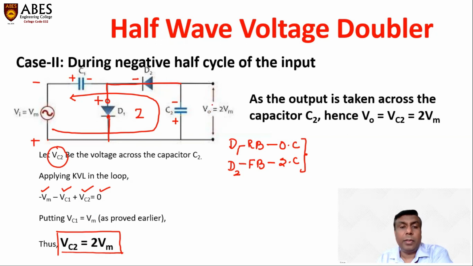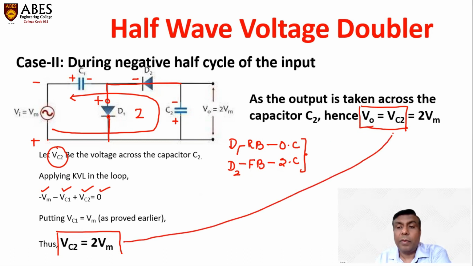Now we will find the output voltage. Here we are going to find V0 across capacitor C2, and we know that in parallel, the voltage remains the same. So V0 will be equal to the voltage across capacitor C2. We have found the value of Vc2 to be twice Vm, so V0 comes out to twice Vm.